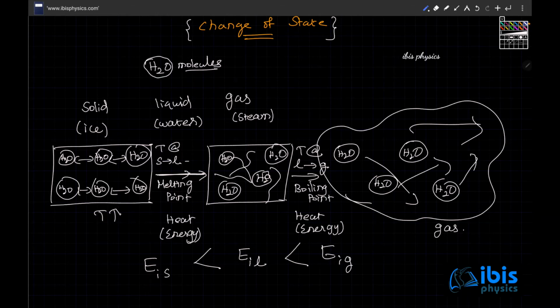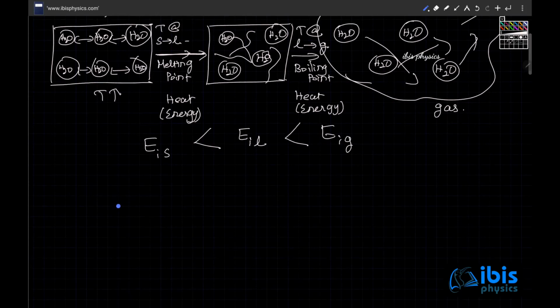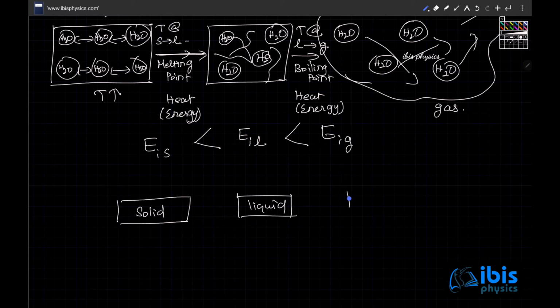If you cool down, let me write it separately here. This is a solid, this is a liquid, and this is a gas. The temperature at which solid becomes liquid is called melting point. But when you cool down, liquid becomes solid.